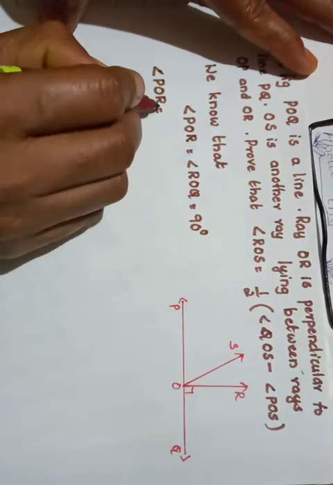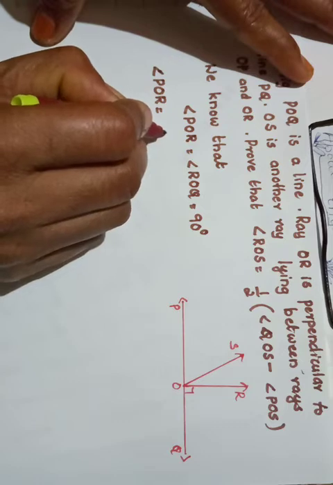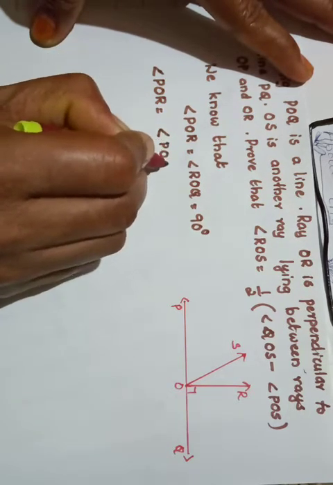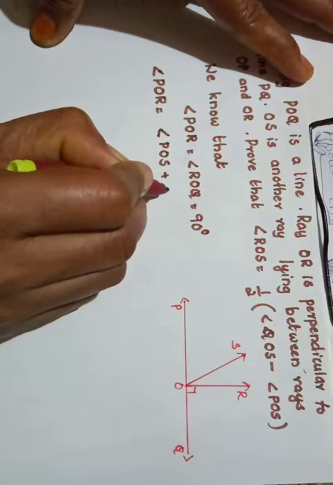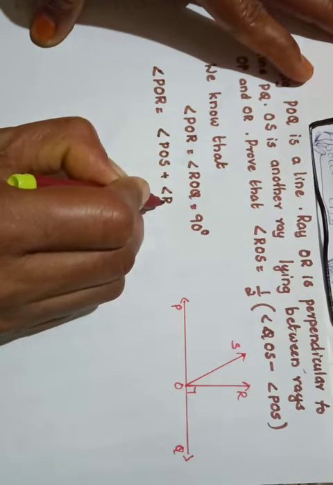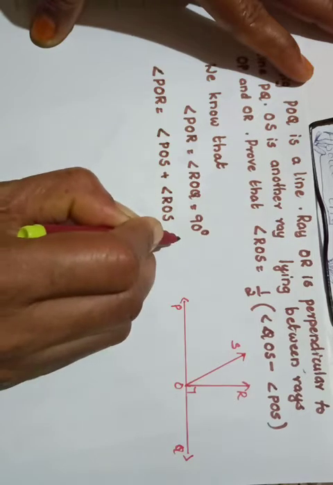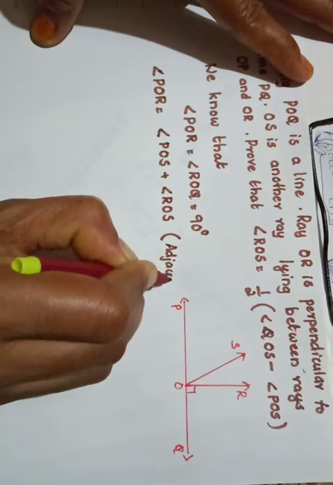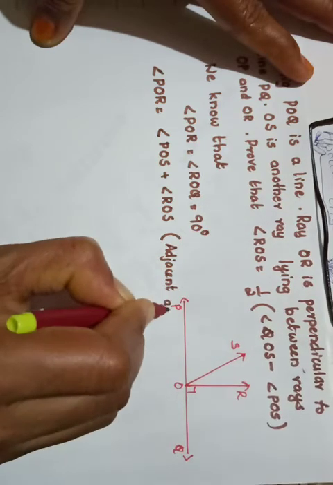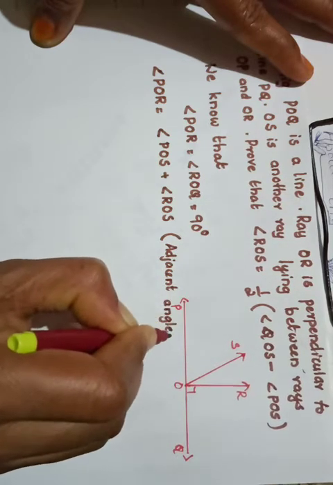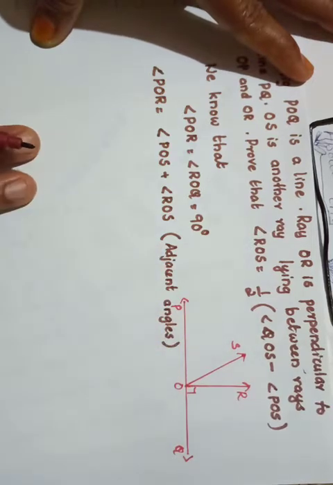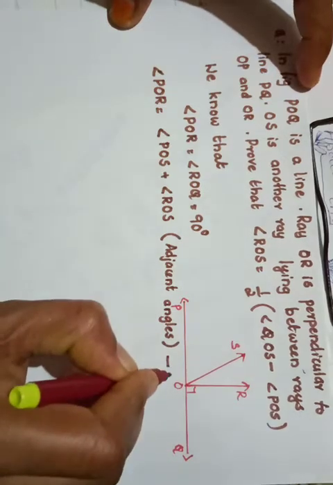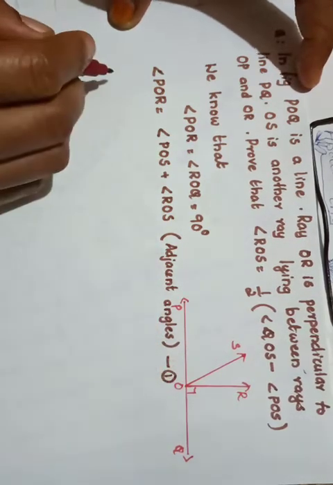Yes, so POR can be written as angle POS plus angle ROS. The reason is adjacent angles. I am taking this as equation number 1.